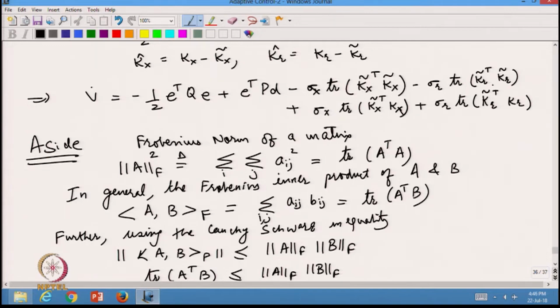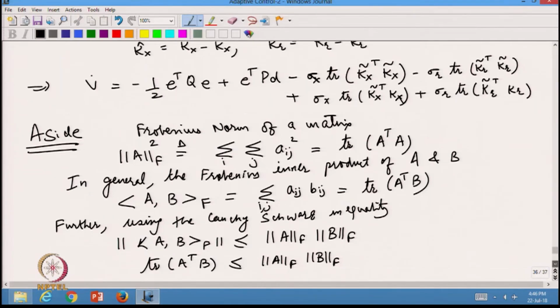Similarly, this is the square of the Frobenius norm of kr tilde, and the norm of this can be upper bounded by the product of the Frobenius norm of kx tilde and the Frobenius norm of kx, similarly for this term.